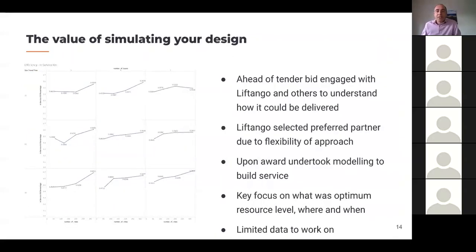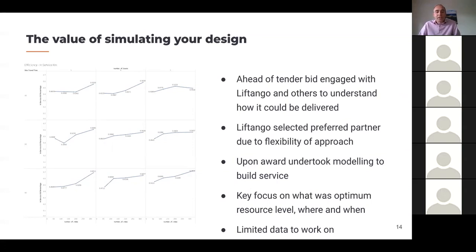Ahead of us actually deciding that we were going to bid for this service, we had a chat to a number of technology providers in the market, and we selected Liftango because we felt that the technology on offer most met the requirements of both ourselves and, more importantly, North Lincolnshire and their specification, due to the flexibility of the platform, but also in particular the ability to book in advance.